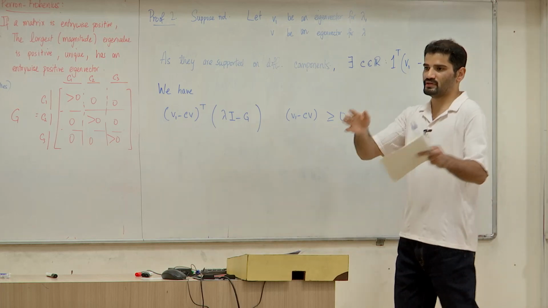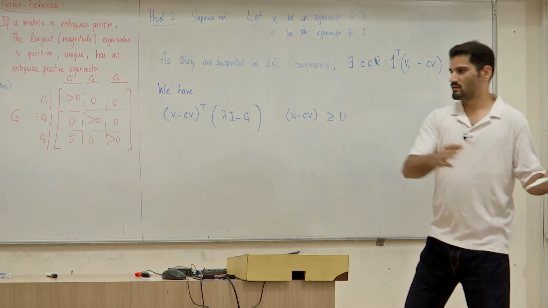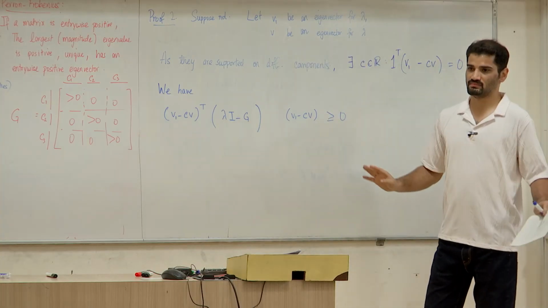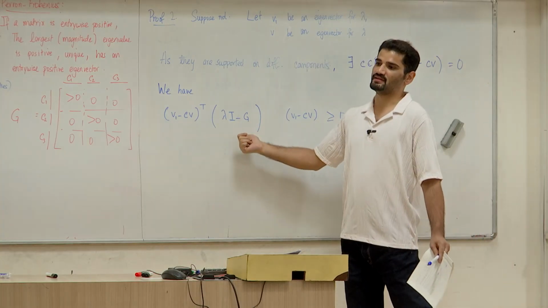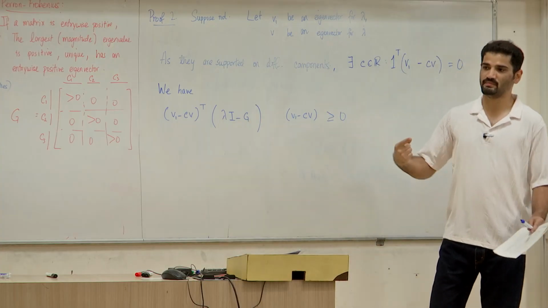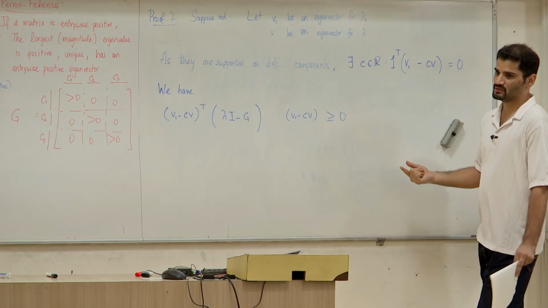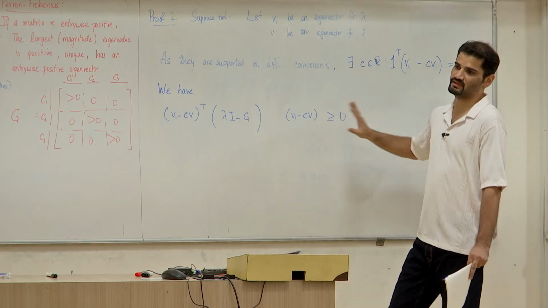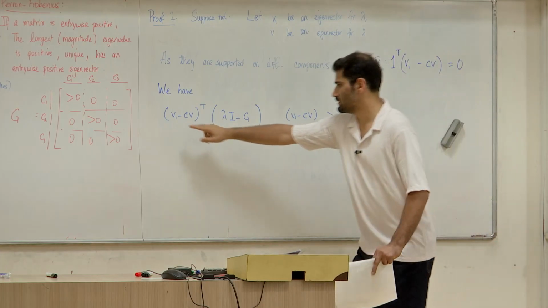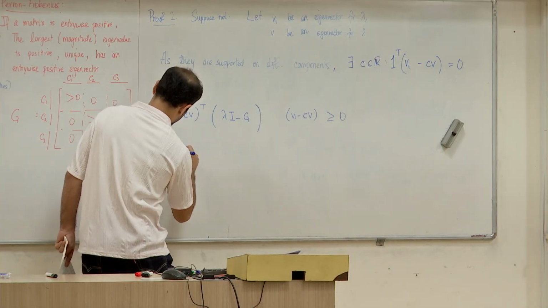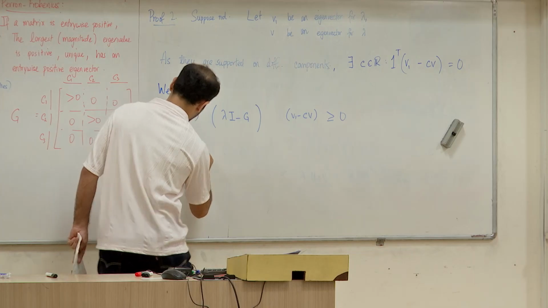V1 is supported on some subset of coordinates, and V is supported on a different subset. V1 inner product with V would vanish, and the same even after I apply the graph, because the graph would keep the component preserved. So even V1 G V would vanish. All 4 cross terms will vanish. I'll be left with only the regular terms, which are lambda times V1 transpose V1. That is the first one.